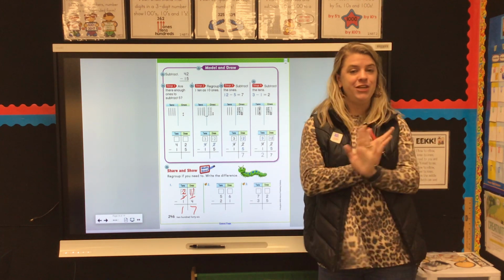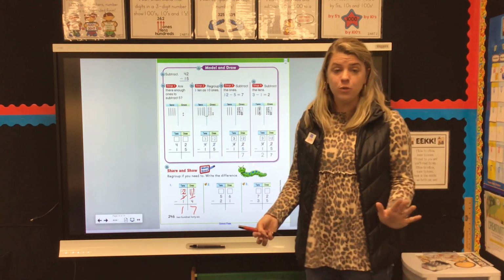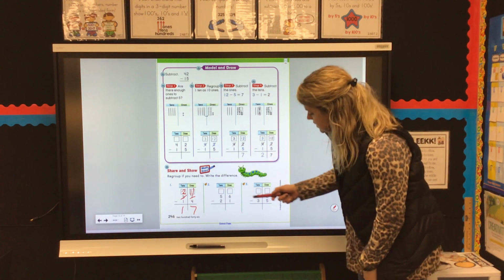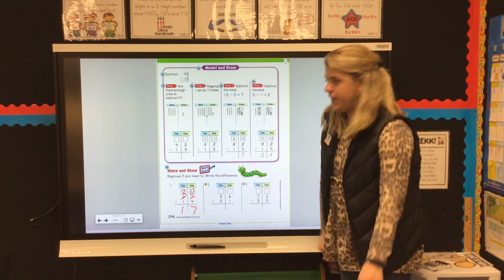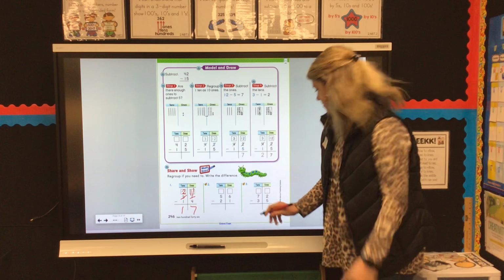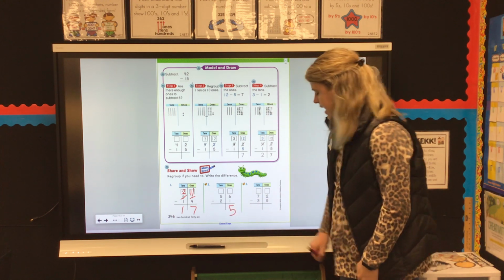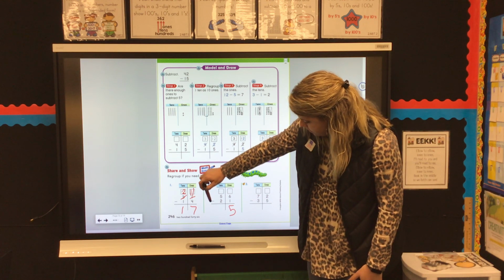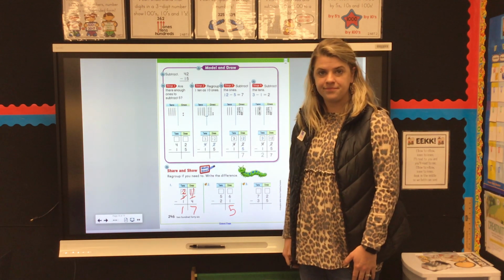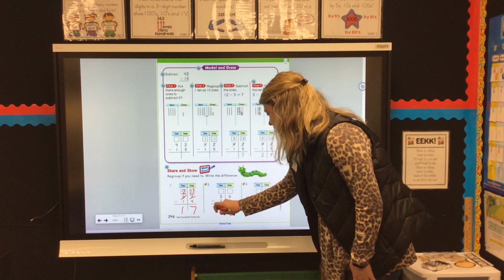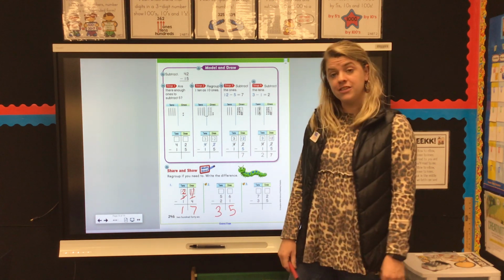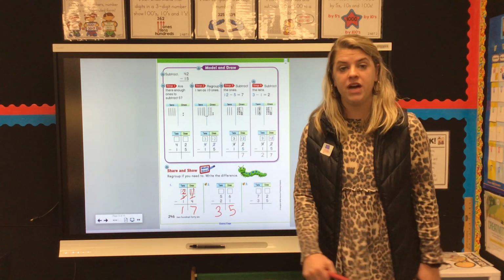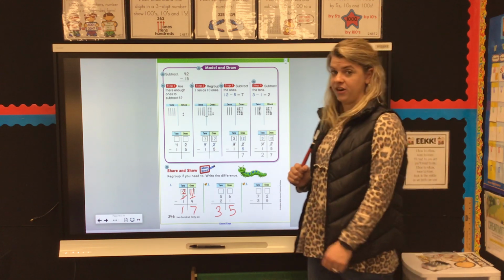No need to stop. So we don't have to regroup anything because we already have enough ones. 6 minus 1. 6, 5. Okay? And then we move over to our 10s. 5 minus 2. 5 minus 2 equals 3. So the answer to 56 minus 21 equals 35.